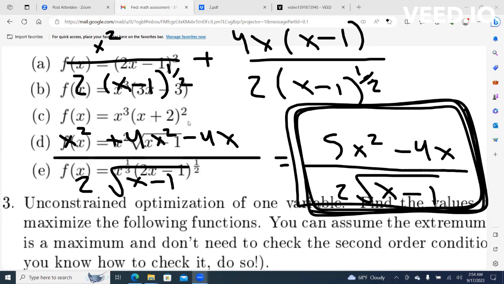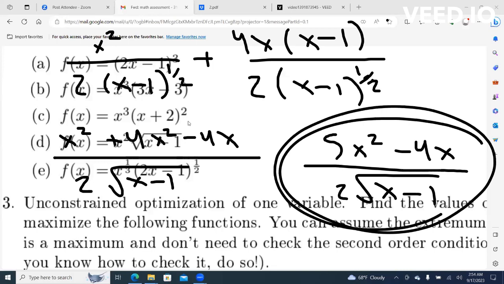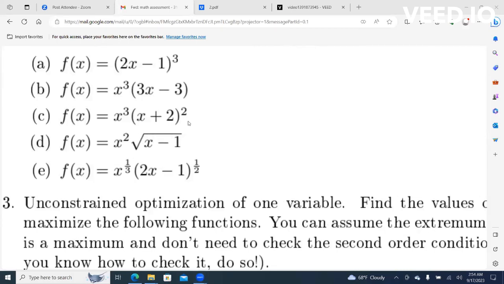So, boxing the answer, circling the answer. Let's erase this and go on to the next one here. Okay, so we see E, which is the same. We're going to do a product rule.